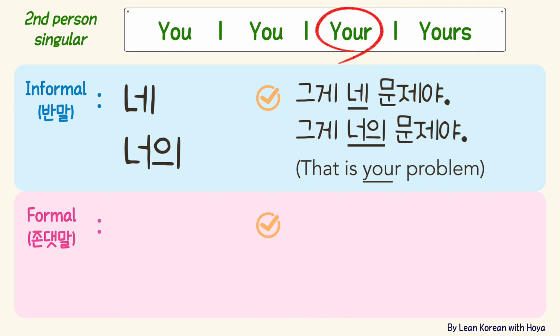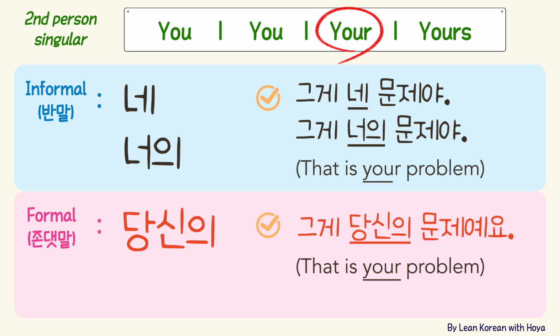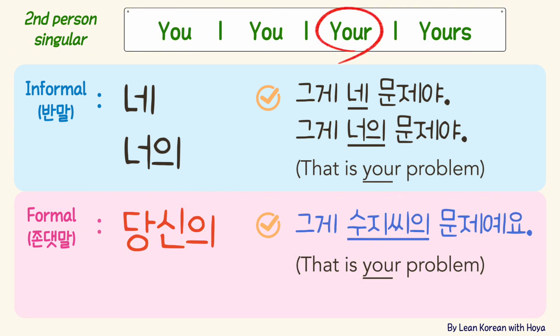For formal speech, according to the textbook, it's 당신의. But in real life conversations, it's better to use the name and say 그게 수지 씨의 문제예요.